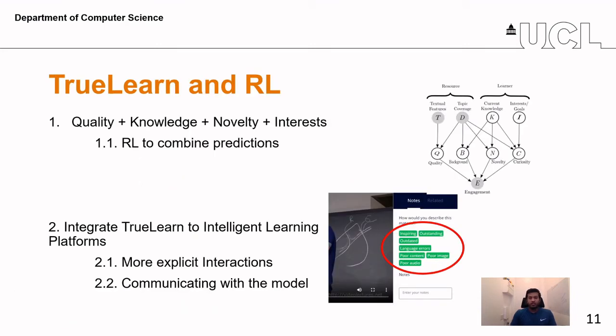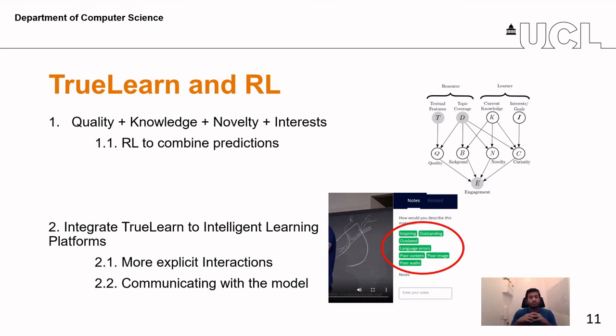Looking at the future, we see a lot of potential in incorporating reinforcement learning in the TrueLearn framework, given that TrueLearn framework is an online learning algorithm that works on sequences of interaction data. For example, one of the next steps for us would be to incorporate the other components, such as quality and interests of learners, in the overall engagement model.